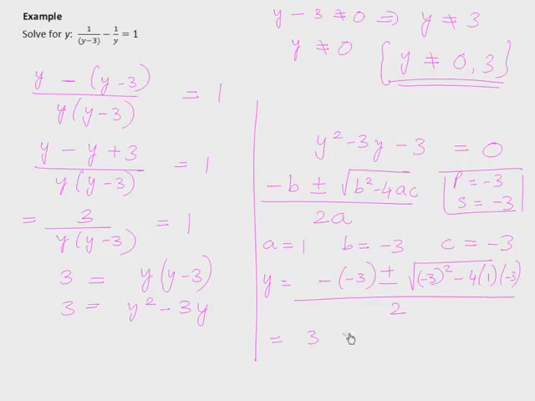So that's 3 plus or minus root of 9 plus 12 over 2. So it's 3 plus or minus root 21 over 2. And those are my two solutions: 3 plus root 21 over 2 and 3 minus root 21 over 2. So those are the two solutions for y.